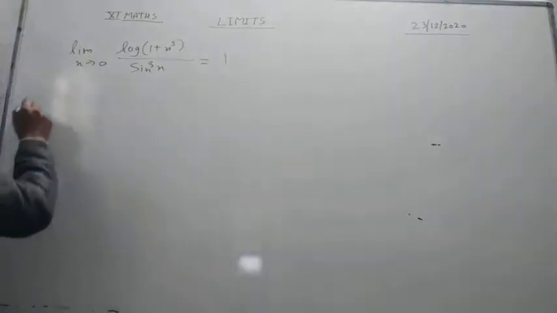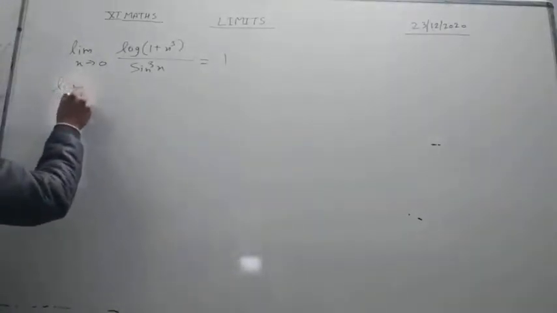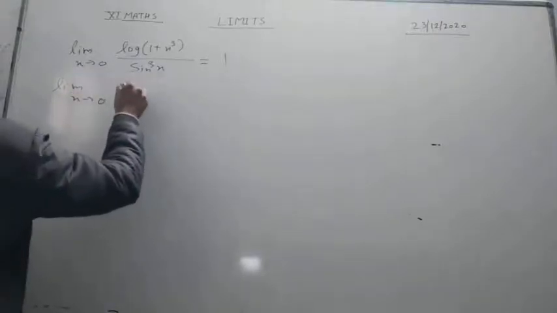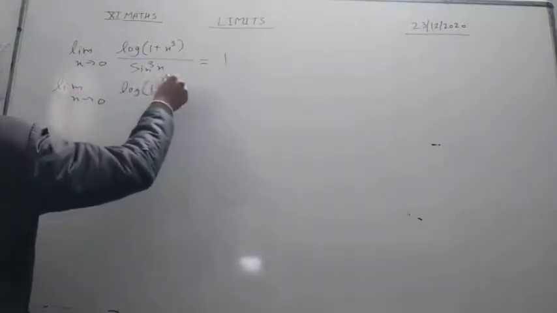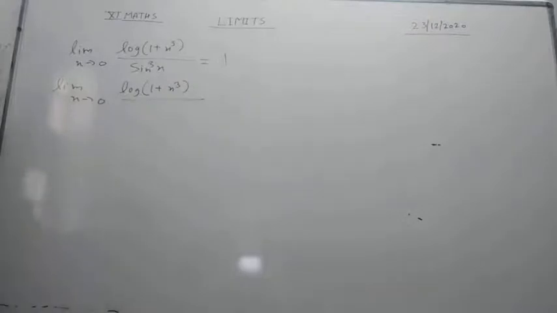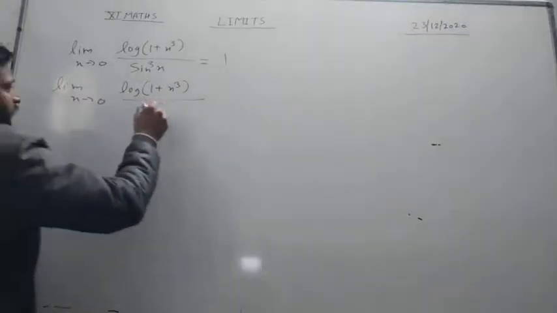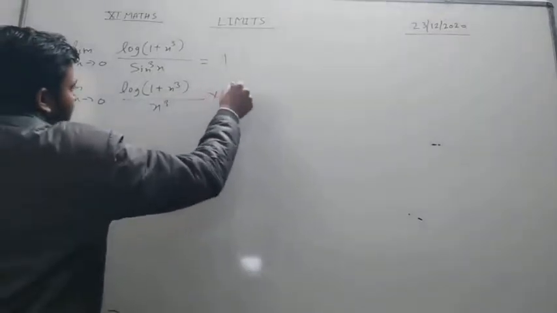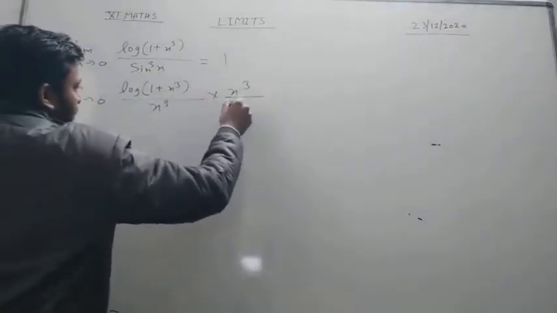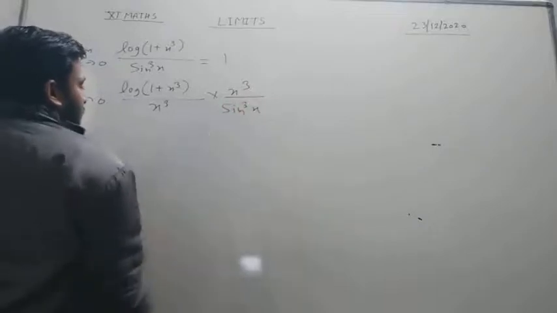Okay, so limit x tends to 0 of log(1 + x cube) by, we will multiply and divide by x cube, so x cube by sin cube x.